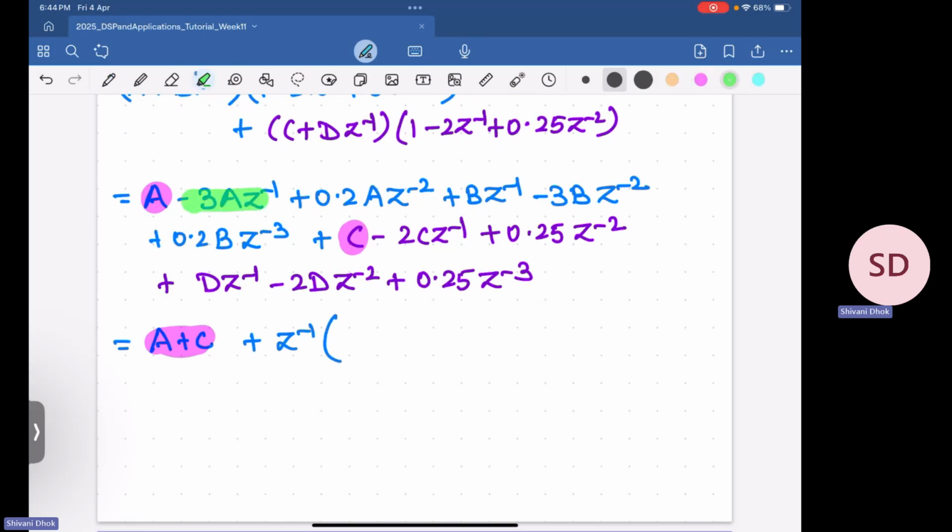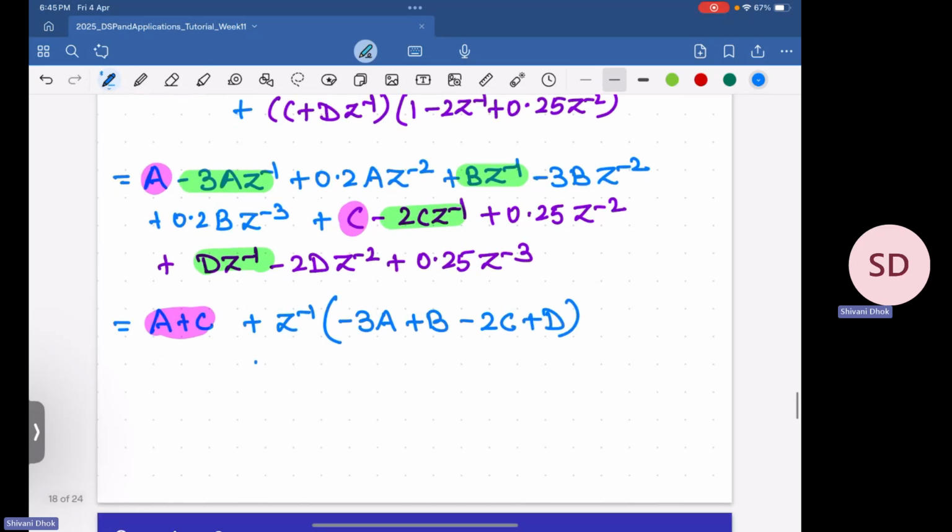We have minus 3az inverse, then bz inverse, then minus 2cz inverse, and dz inverse. So we get minus 3a plus b minus 2c plus d, times z inverse. Okay, and plus we have z to the power minus 2.